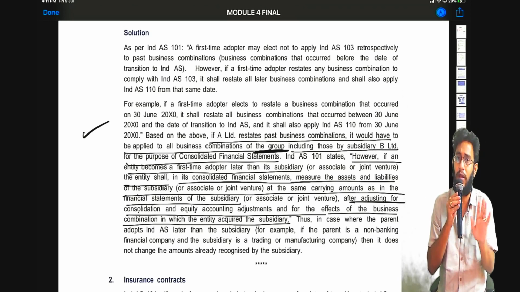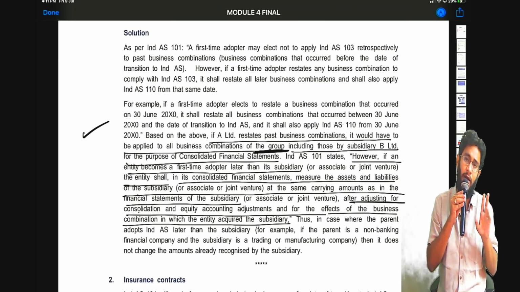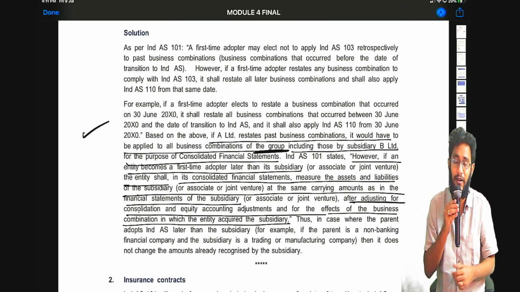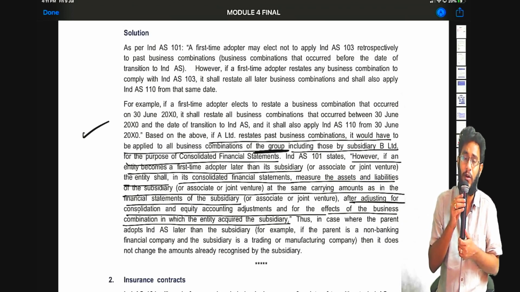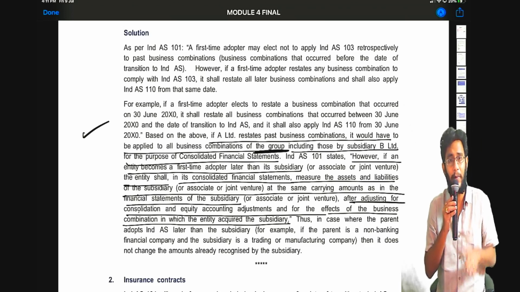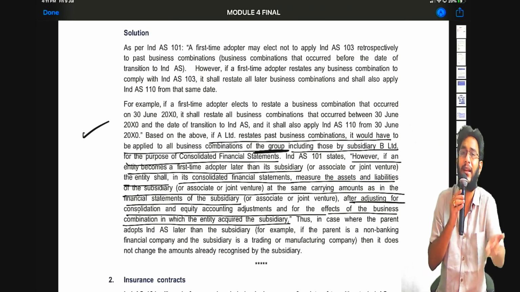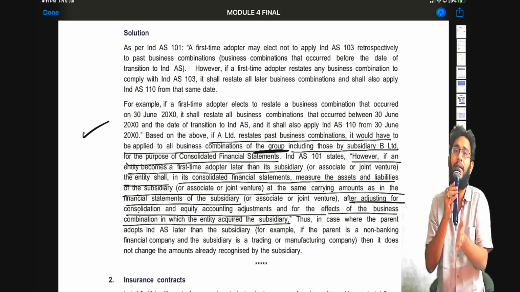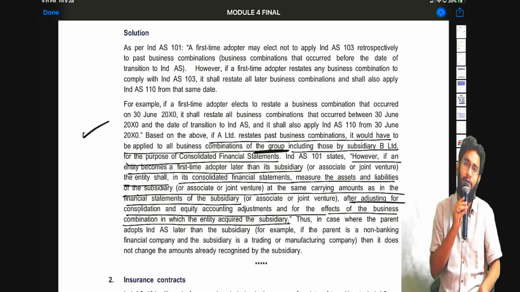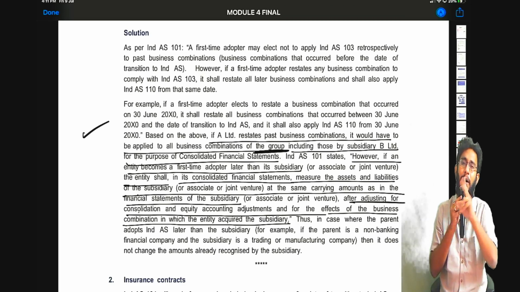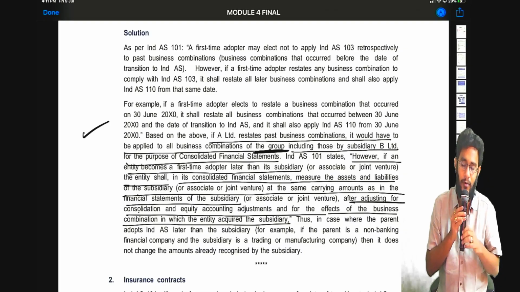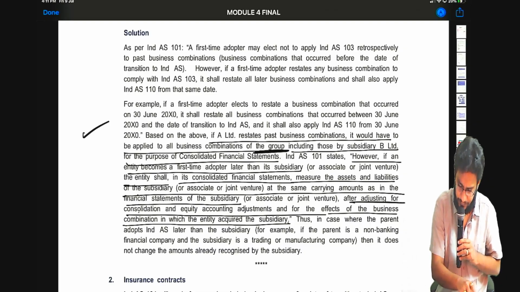You need not do any restatement of the past. So when is the exemption available, sir? When parent applies Ind AS at a later date than the subsidiary, then the exemption is applicable for not restating past business combinations. Quite deep, but it's not very difficult.